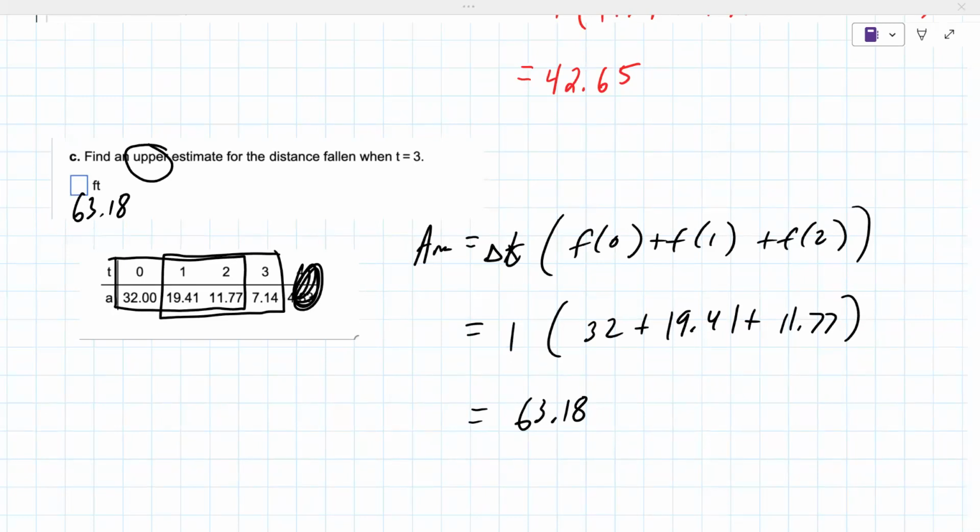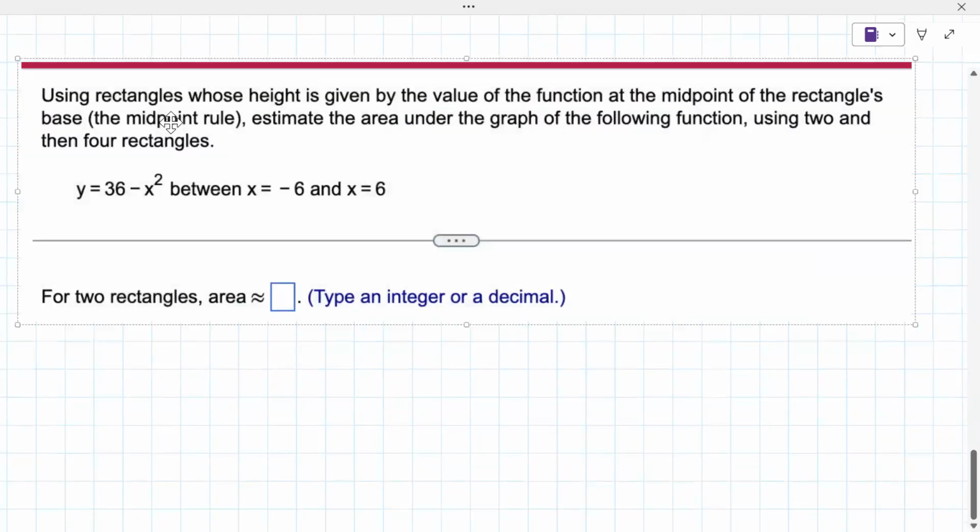All right, so back to 2. Using rectangles whose height is given by the value of the function at the midpoint of the rectangle's base, estimate the area under the curve for the following function using 2 and then 4 rectangles.